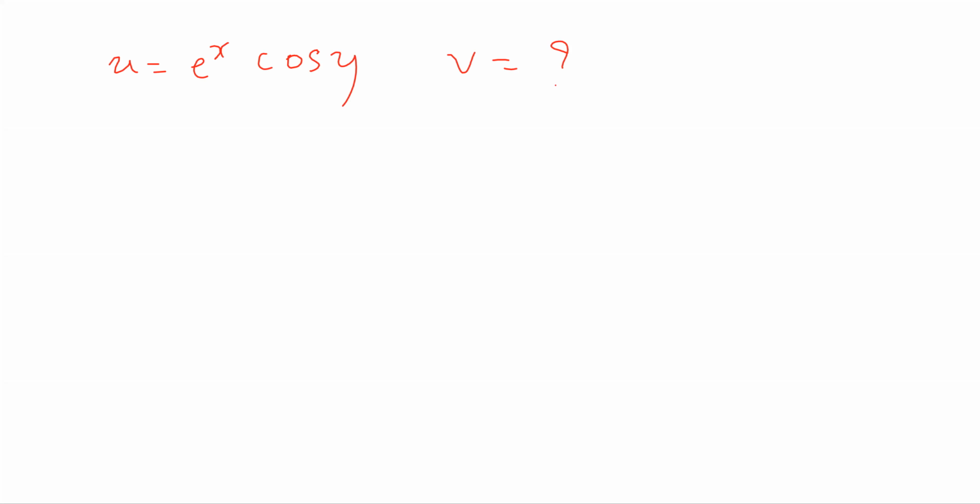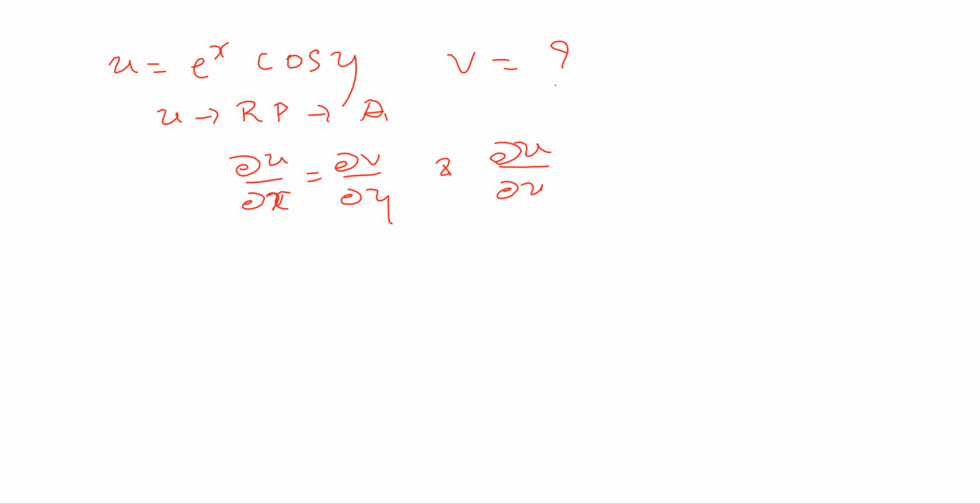U is the real part of an analytic function, so definitely it will satisfy the CR equations: dou u by dou x equals dou v by dou y, and dou u by dou y equals minus dou v by dou x.